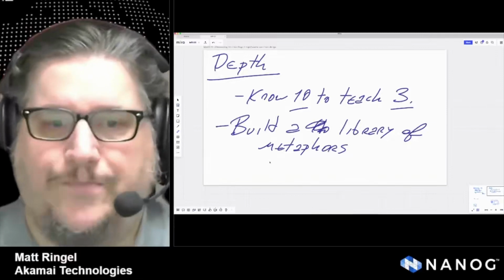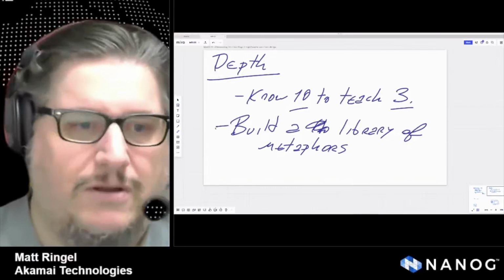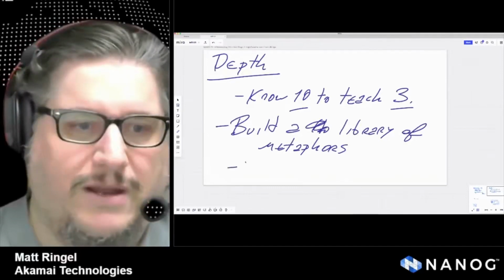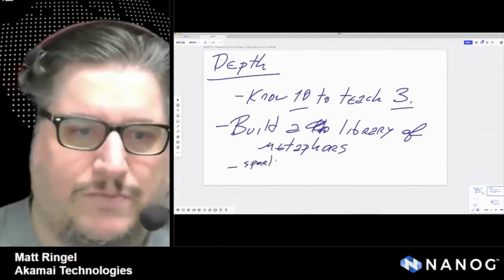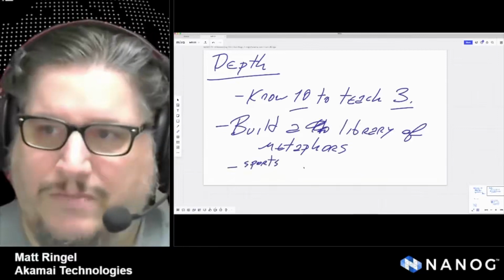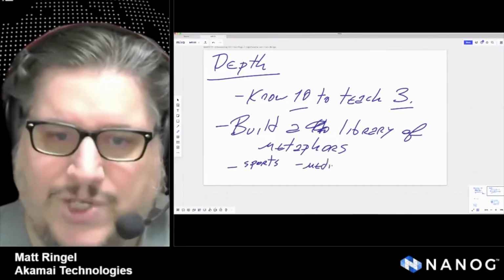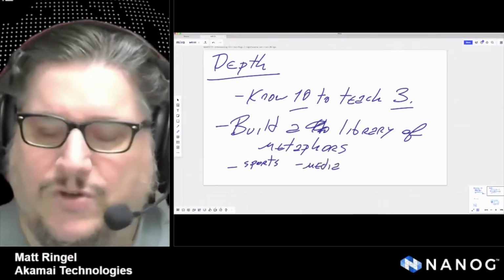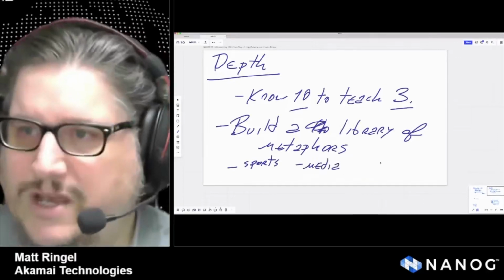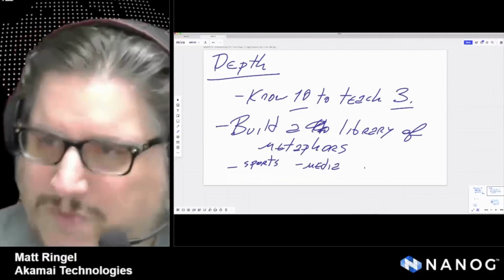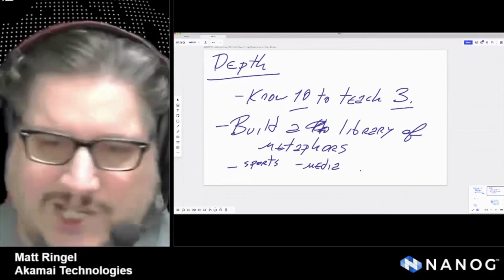Think about it in terms of: there are sports metaphors, which reach a bunch of people but turn a whole bunch of people off. There are media metaphors, where you start doing movie references, but then you're talking to a very specific culture, a very specific age slice, and that gets weird.